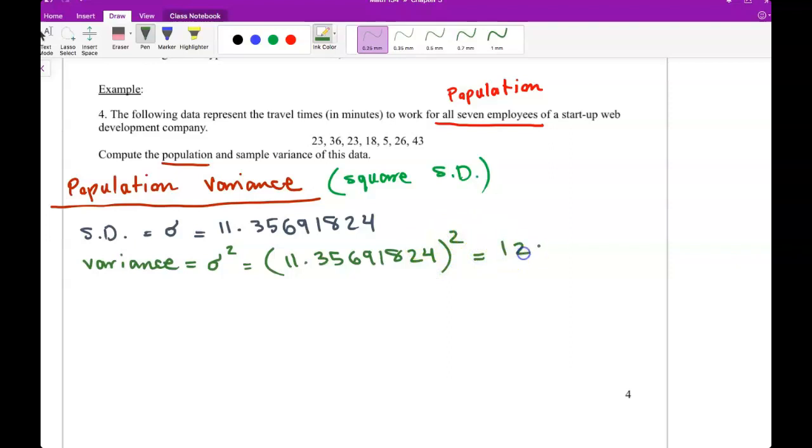That is equal to 128.98, and that one is in minutes. And here I rounded this one, because on calculator we got 128.9795, so I rounded to have 0.98. Since I rounded, let's use this symbol.